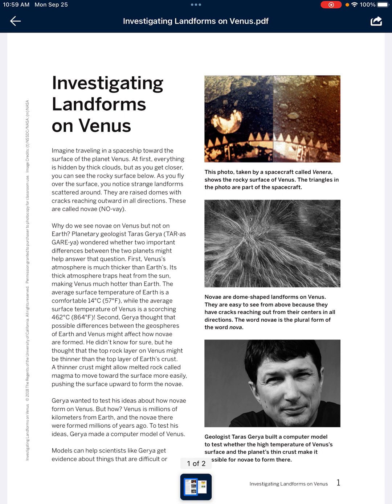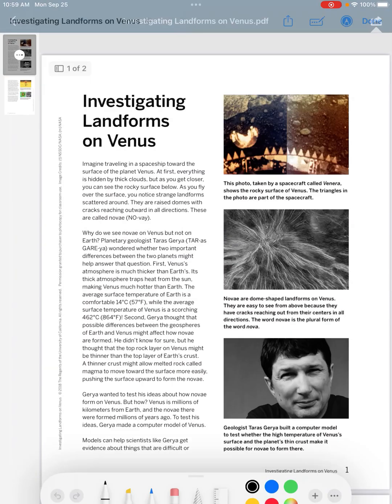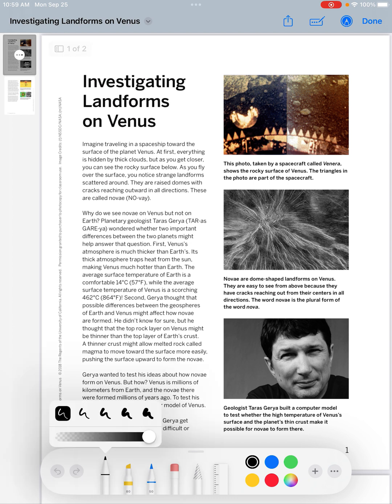Before we actually start to read, though, I want to mark up my copy. And I'm going to choose red right now. A lot of times teachers will use an investigation question or a reading question. And we don't have one yet on here, but I want to write one.